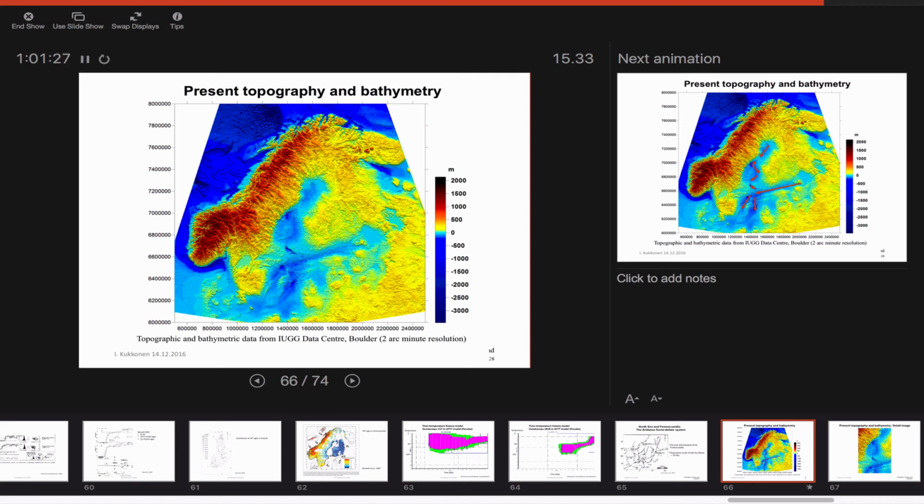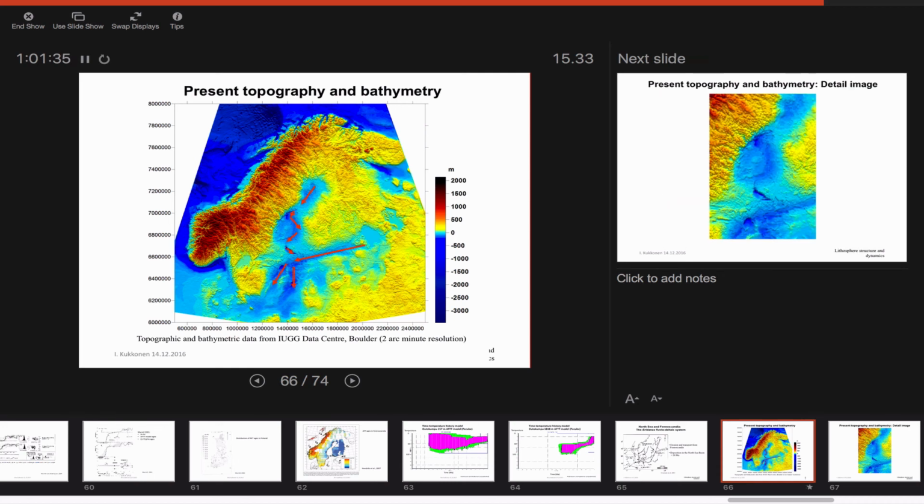They are not completely continuous, but the idea here is that the Eridanos river system was actually working through these basins, and some of these structures are interesting because we are not able to say if they are due to glacial erosion or if they are due to river erosion.